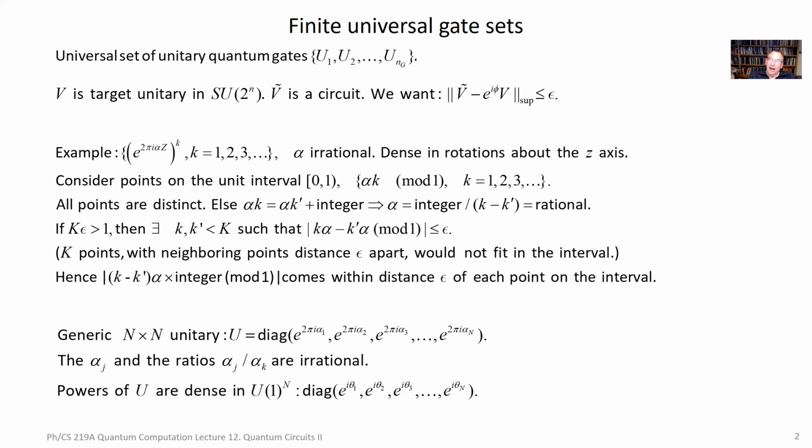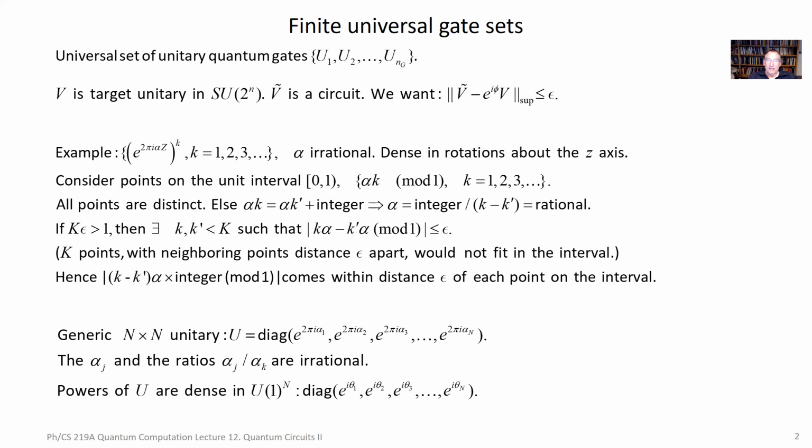So that means I can consider an interval around each point of width epsilon, epsilon over 2 to the right and epsilon over 2 to the left. And all those intervals have no intersection, but there just isn't room for all those intervals, because if there are altogether a capital K of them and each one of them has width epsilon and the length of the unit interval is just 1, they won't all fit. So they have to start to overlap at some point.